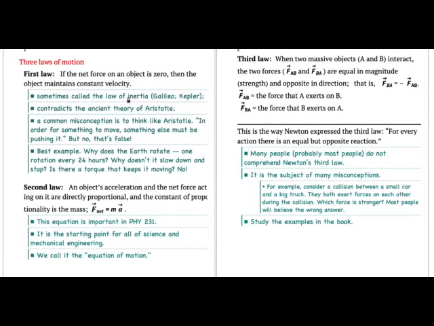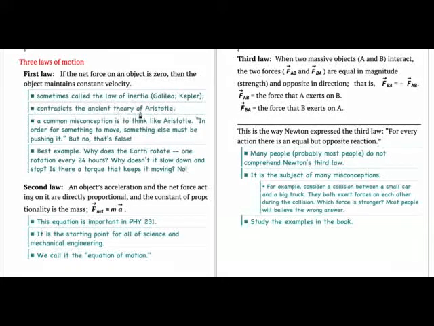If something is moving, it'll keep on moving. Its motion won't change at all if there are no forces acting on it. An object at rest remains at rest. An object in motion remains in motion, and the velocity is constant if there's no net force acting on the object. This was a great discovery in the time of Kepler and Galileo.